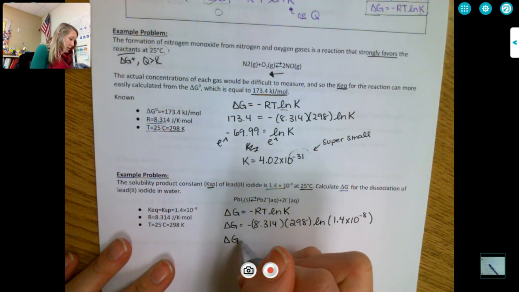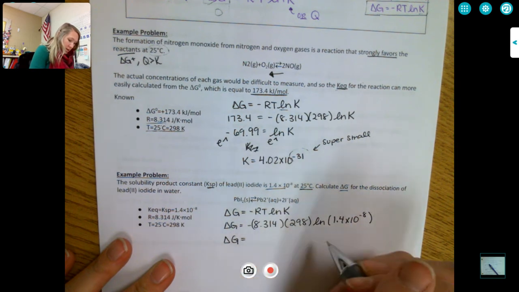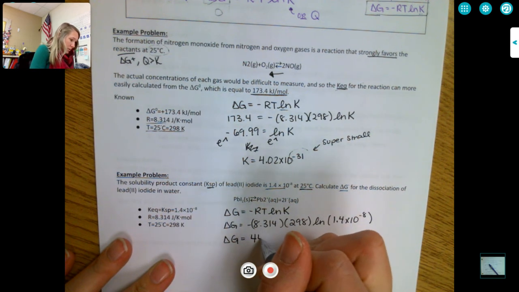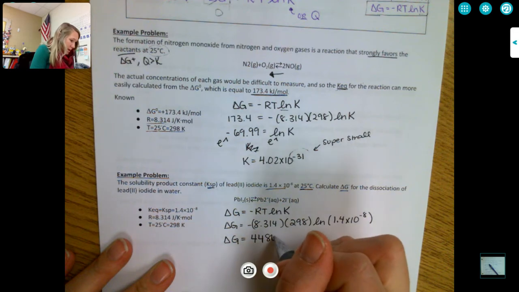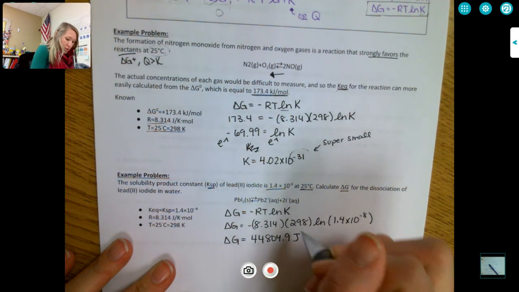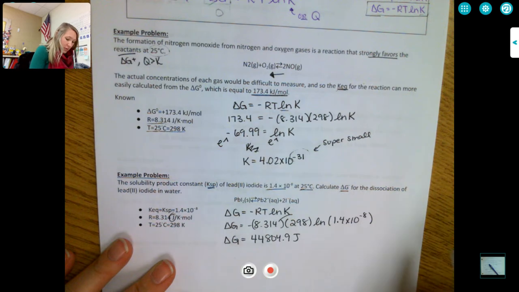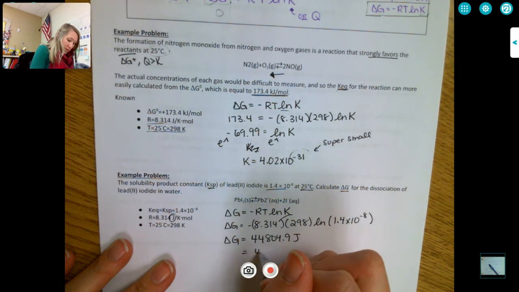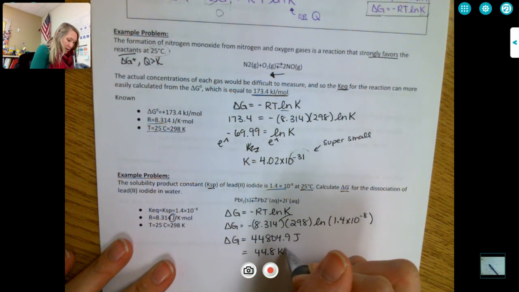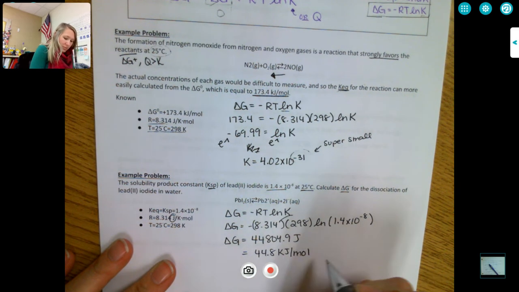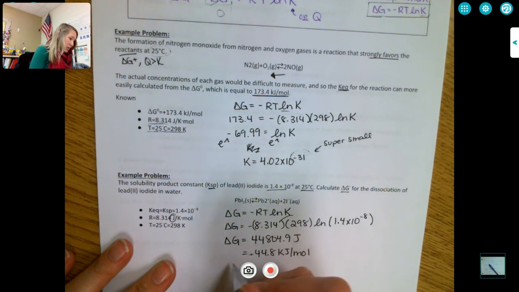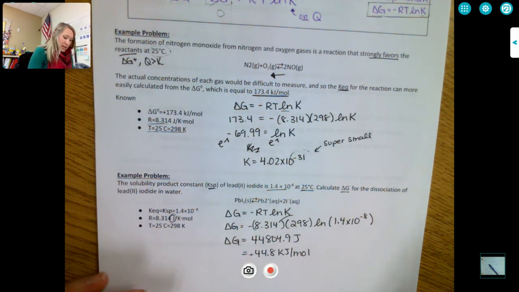We find here that my delta G is 44804.9. This is in joules because the units on this are joules. We could put that into kilojoules by dividing by 1,000, so 44.8 kilojoules per mole. But we've got a positive value here. So is this spontaneous?